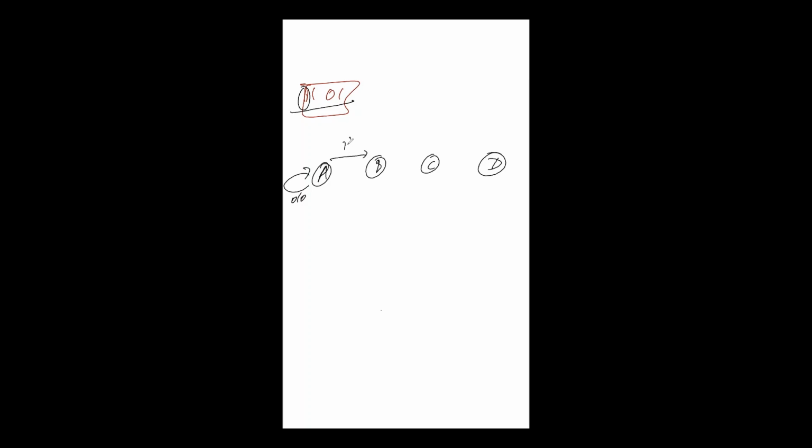Suppose you are getting 1, again you are getting 1. Again you are getting 0, you're moving to state C, and again you are getting 1. So now you got 1 1 0, and again let us suppose you are getting 1. So you can utilize this bit 1 again in the next sequence. So you will go to B again if you are getting 1, and output in this case is 1.